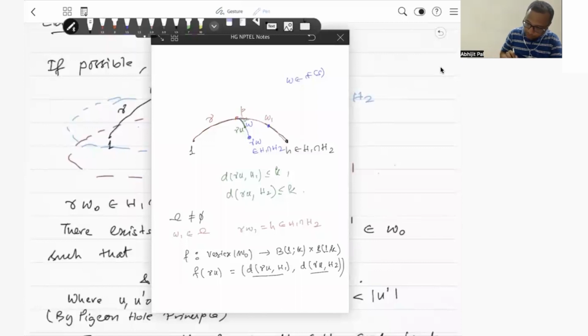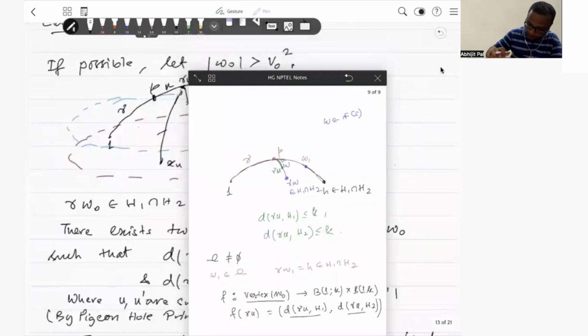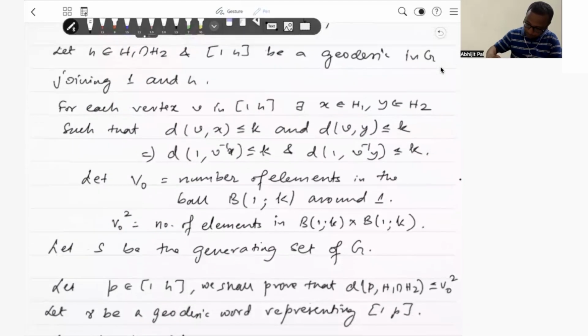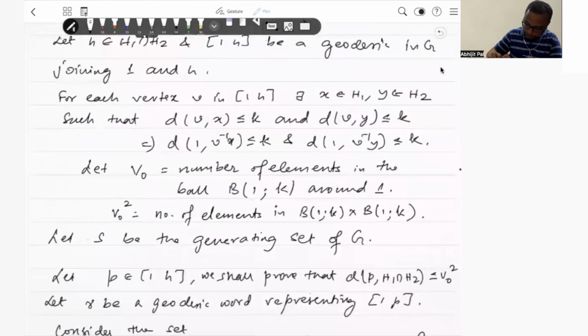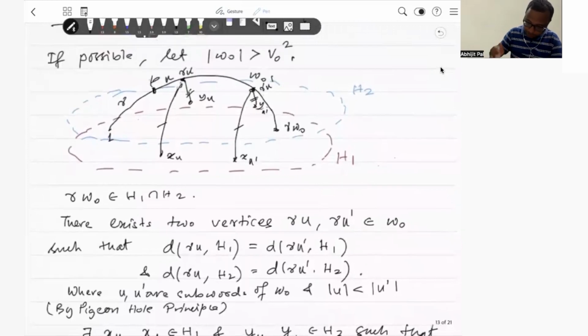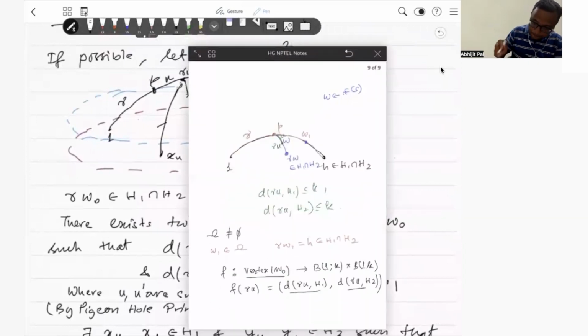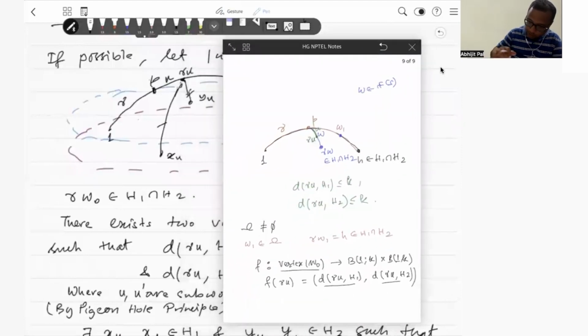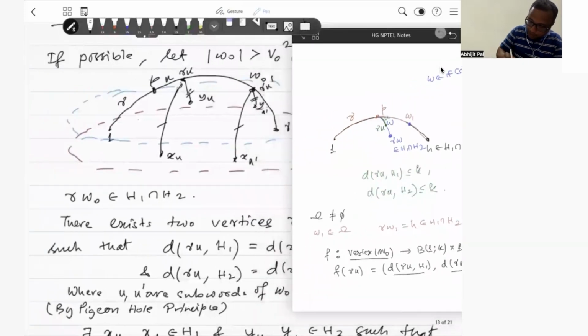Now the cardinality of the domain is equal to the length of this W naught, and we have taken the length of W naught to be greater than V naught square from here.